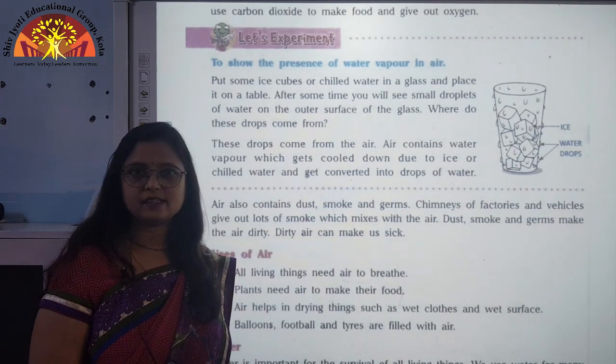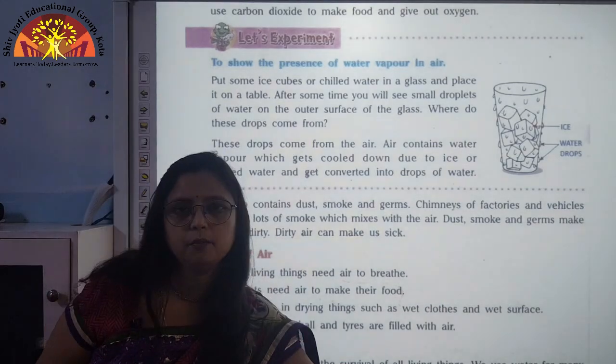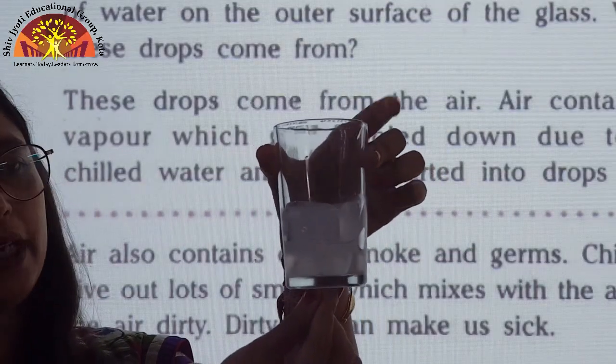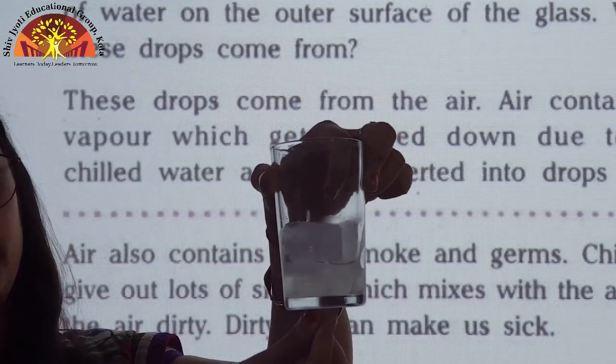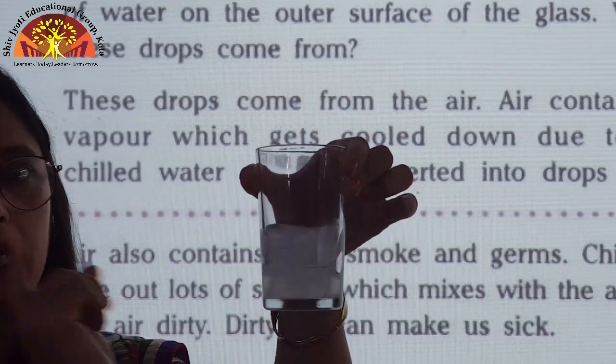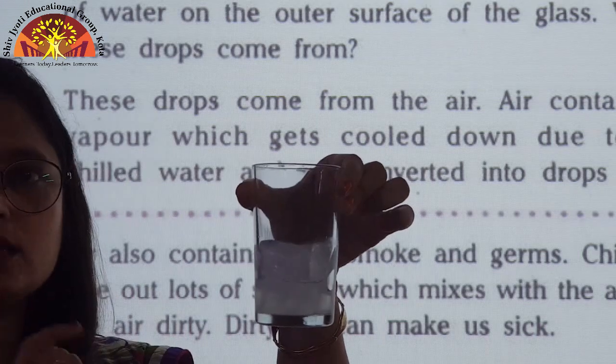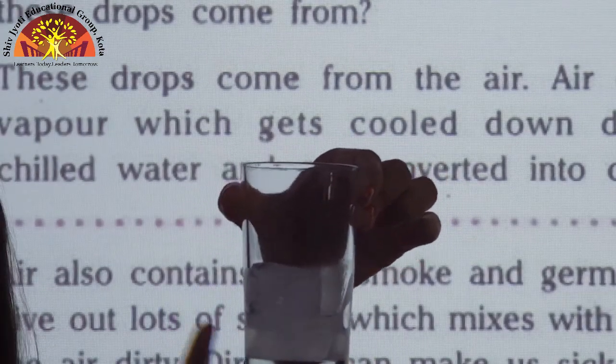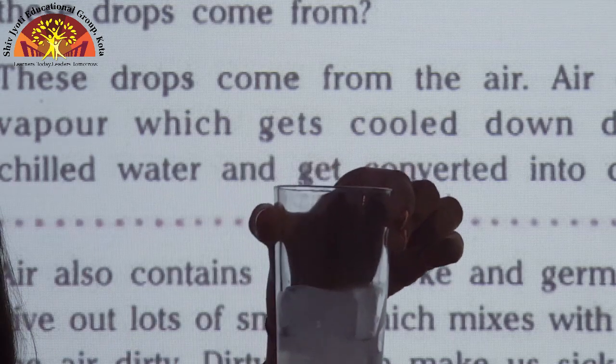So children, let us see what happens after some time. Now see, previously this glass was dry, but as we have put ice into it, now what happens? The air surrounding this glass has water vapors. Now the surface of this glass is cool because of the presence of ice.